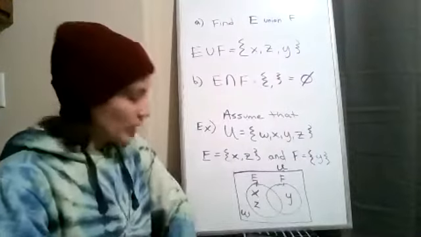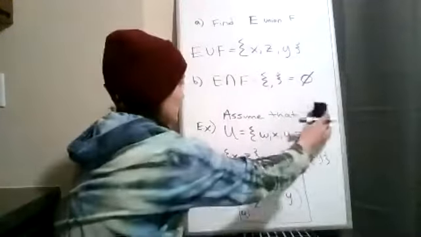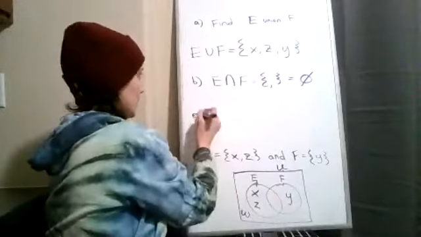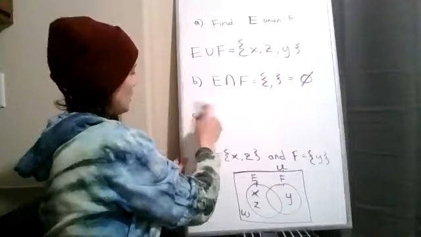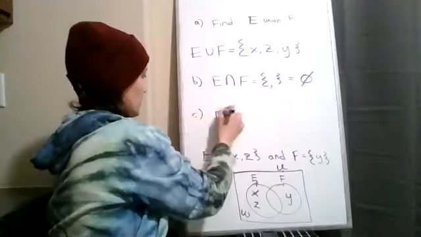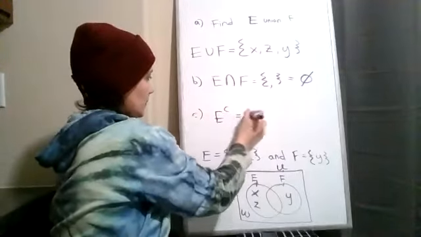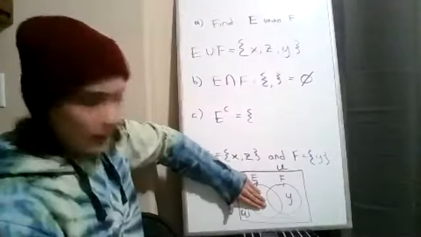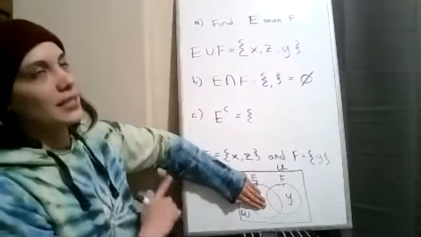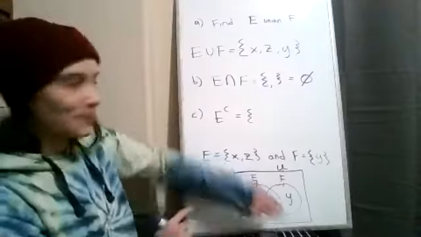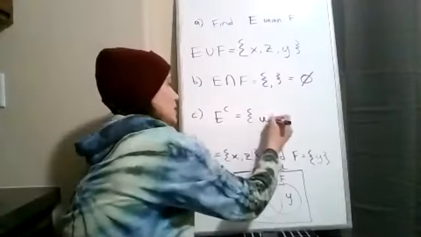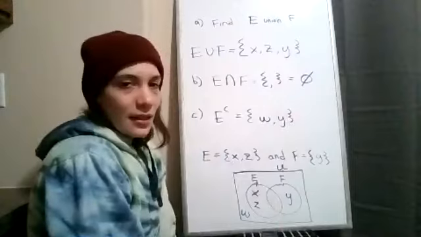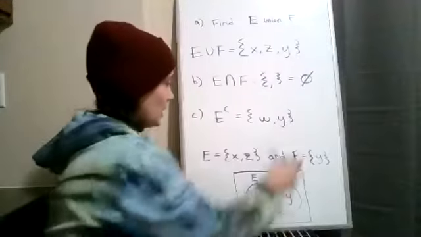Let's get E complement. Okay, so outside of E, the elements are W and Y. Okay, we'll get F complement.